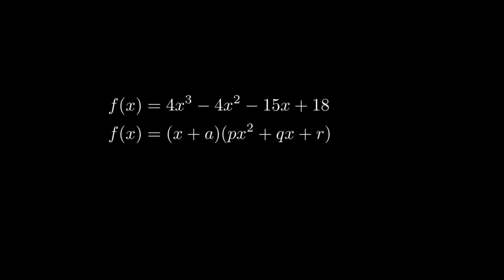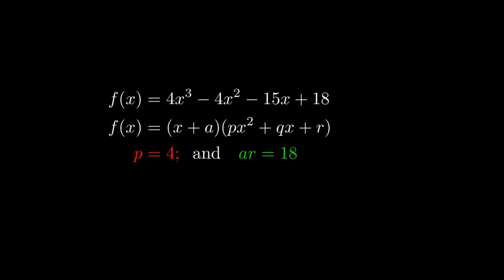Now I know that the coefficient of the x times the px squared has to be 4. So in the quadratic part, I know that p is 4. Likewise, 18 is made from a times r, so I can say a times r is 18. So we're starting to find out some things here.